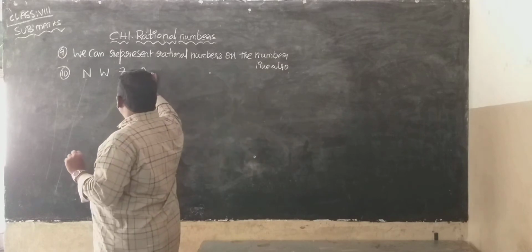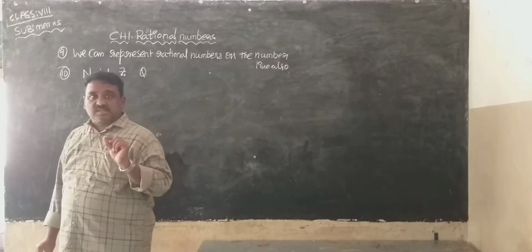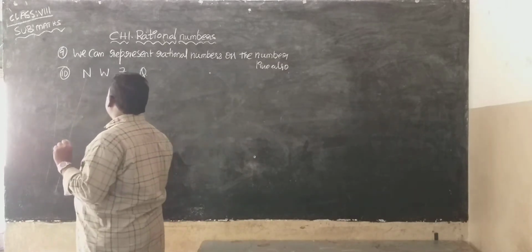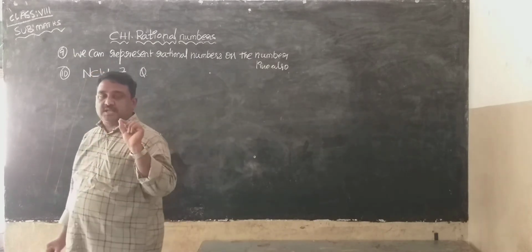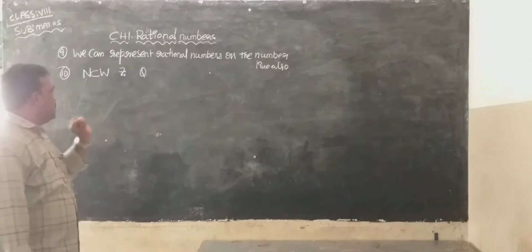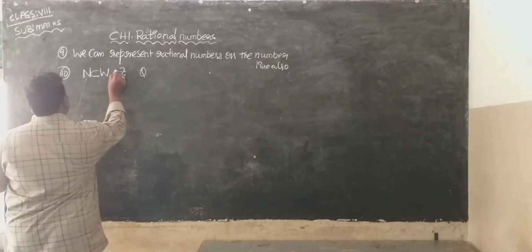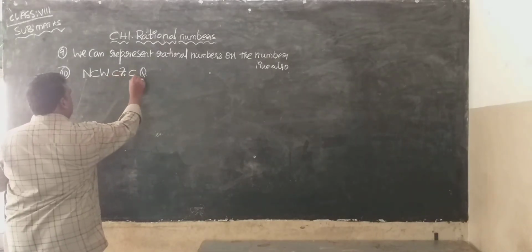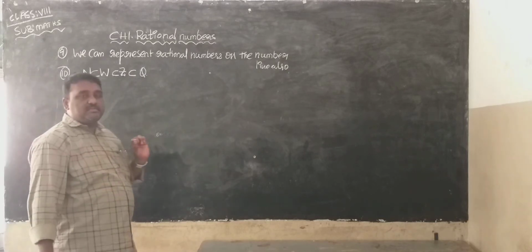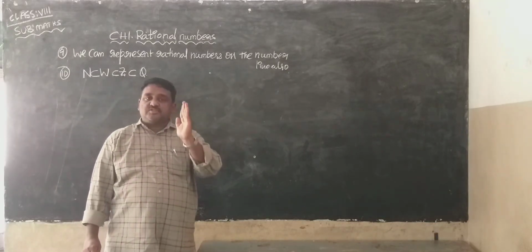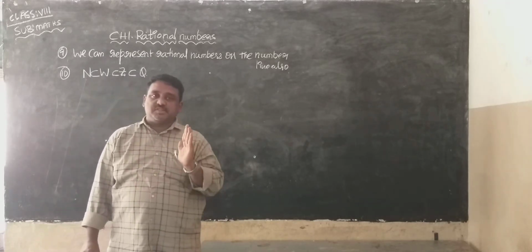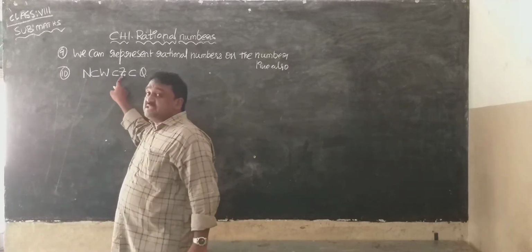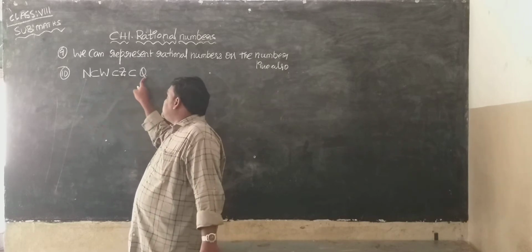What is Q? Rational numbers. So what is the relation between them? N, you know this symbol, subset: N subset W subset Z subset Q. That is, natural numbers are a subset of whole numbers, which are a subset of integers, which are a subset of rational numbers.